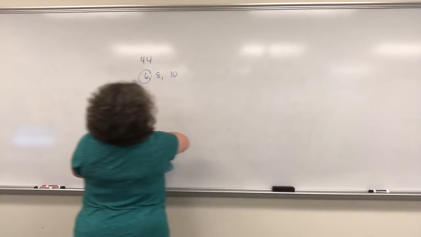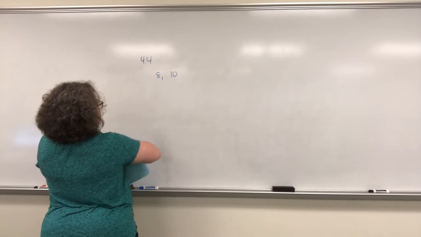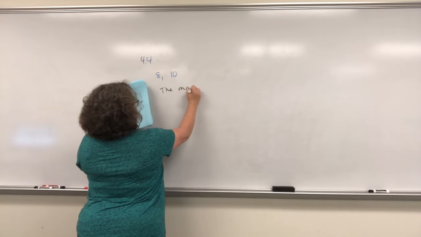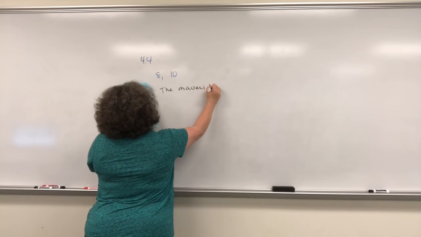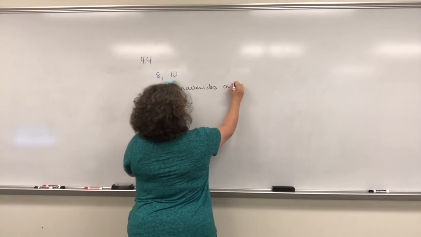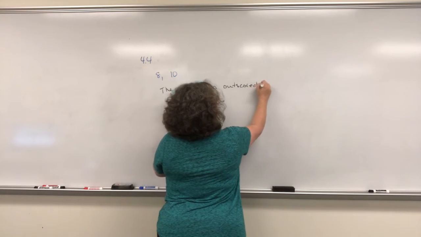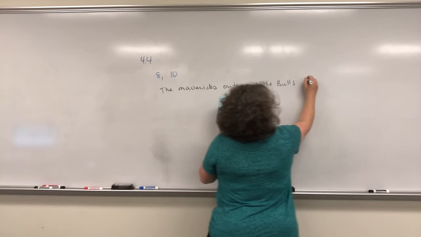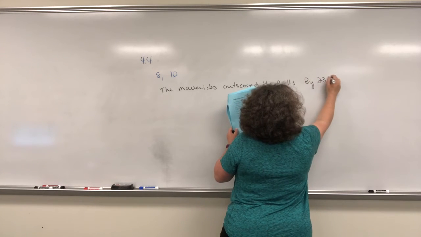Number 8. It says the Mavericks outscored the Bulls by 23 points.